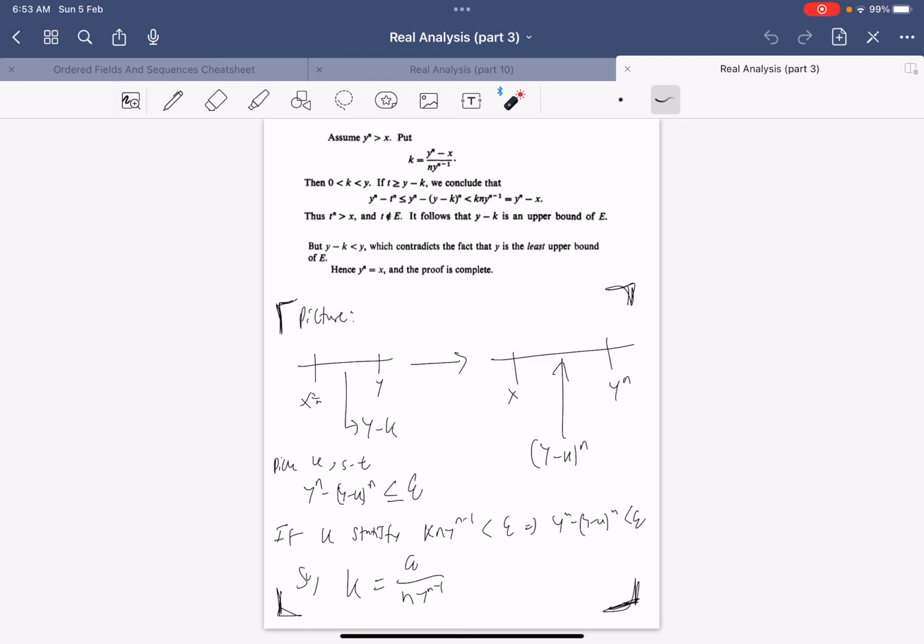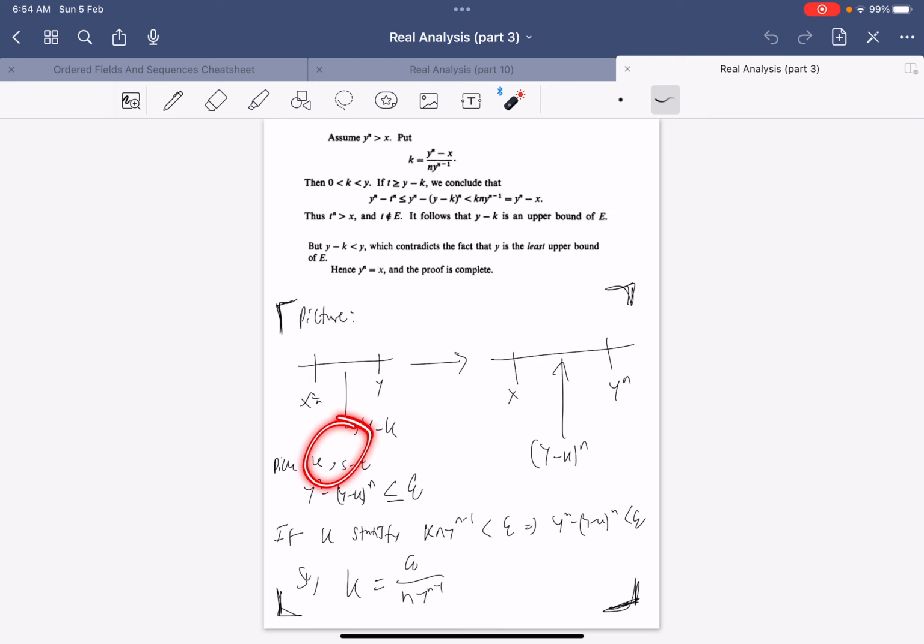And really, what we want to picture now is that there exists a number between y and x to the power 1 over n, such that when you take the power, it is still within the desired range. And this shows that y to the power n cannot be the supremum, cannot equal x.